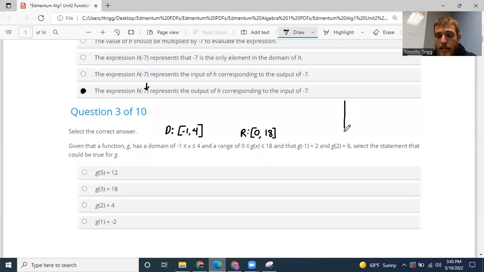It doesn't say that it's continuous, but we're just going to assume. It says g of -1, so -1, comma 2. g of -1 equals 2. So when the x value is -1, the output is 2. g of 2 equals 8.